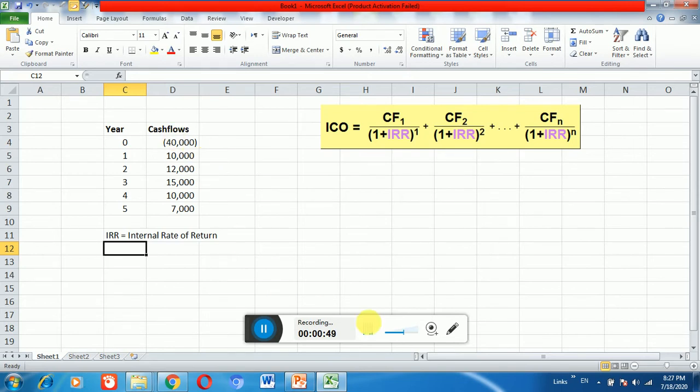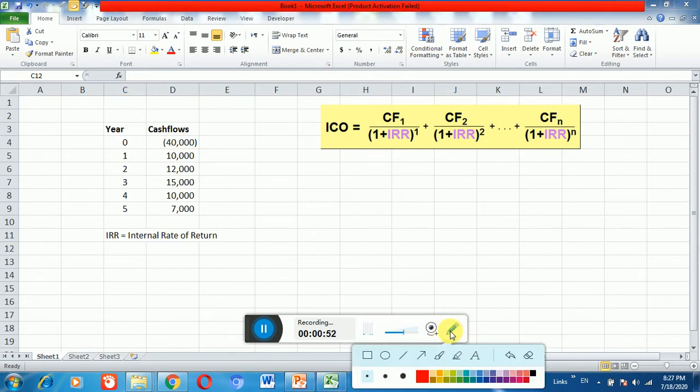For example, here I just put this data in this equation. How much is our ICO here? The initial cash outflow, that is 40,000. So I write 40,000, and this is equal to CF1, the cash flow in the first year, that is 10,000, divided by 1 plus IRR. IRR means internal rate of return; this is the discount rate, which I don't know now.